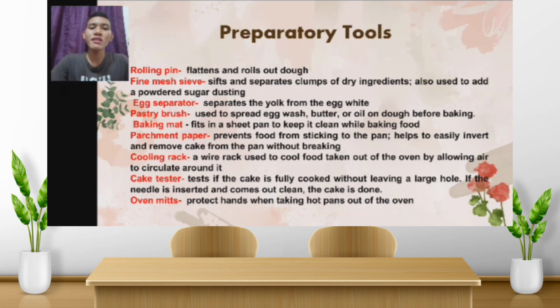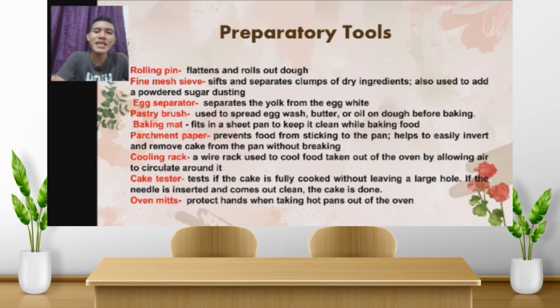We have also the fine mesh sieve. It's to sift and separate crumbs of dry ingredients and also used to add a powdered sugar dusting. Okay, so that is the function of a fine mesh sieve. Next we have the egg separator. From the word separator, it separates the yolk from the egg white.